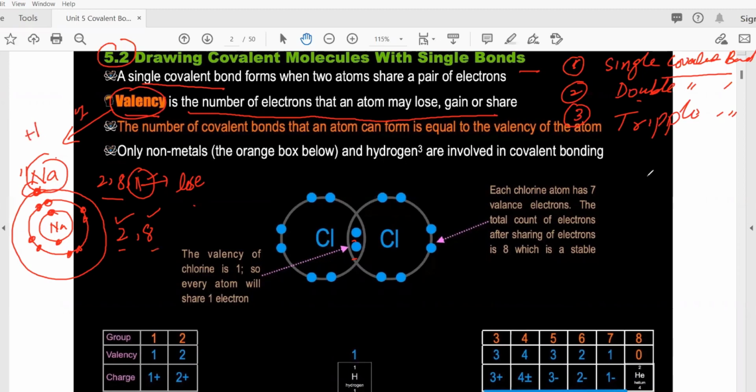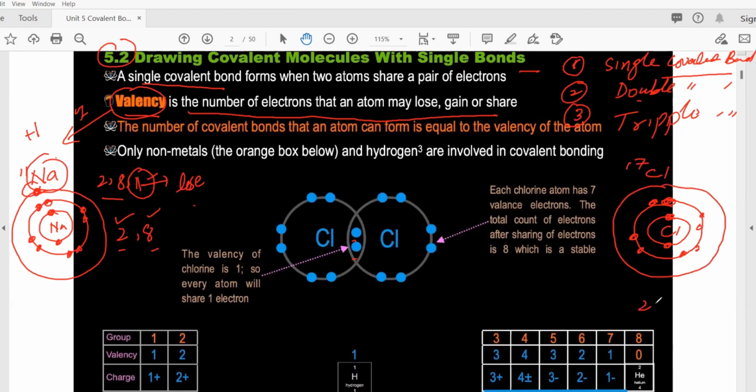In the same way, chlorine has 17 electrons in total. To draw the structure of chlorine, I write 2 in the first shell, then 8 in the second shell, and then how many are left? 7. So 7 will come in the last shell. It means that to make the last shell complete, it has two possibilities.